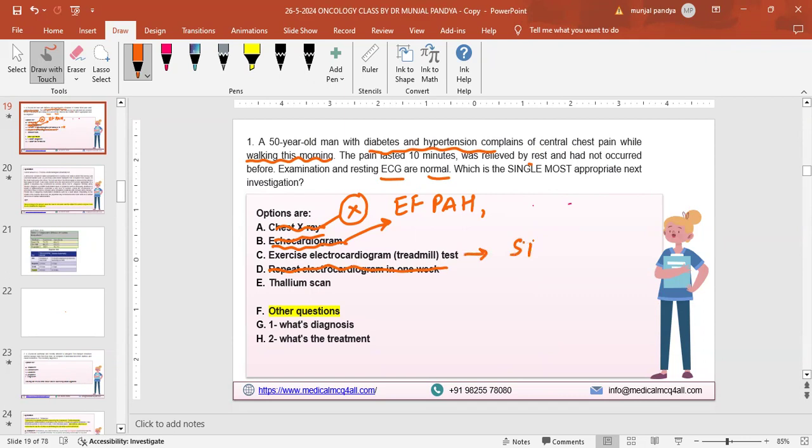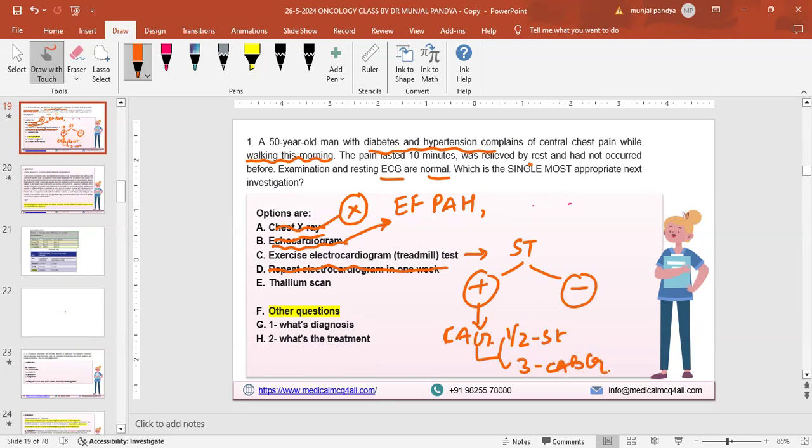It could be positive or negative. If the stress test is positive, you need to do coronary angiography. If one or two vessels are blocked, you do the stent. If all three vessels are blocked, it is CABG. I'm guiding you on the management as well. And if the stress test is normal, nothing to worry about. It doesn't look like cardiac.